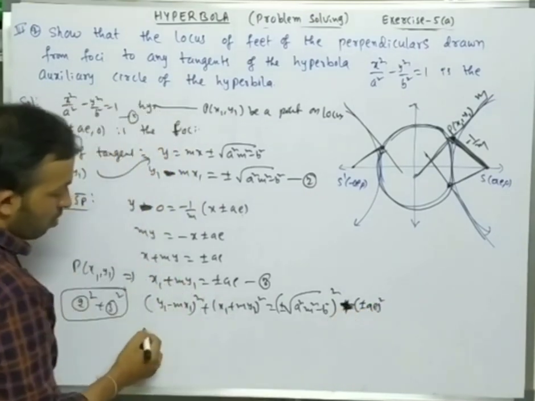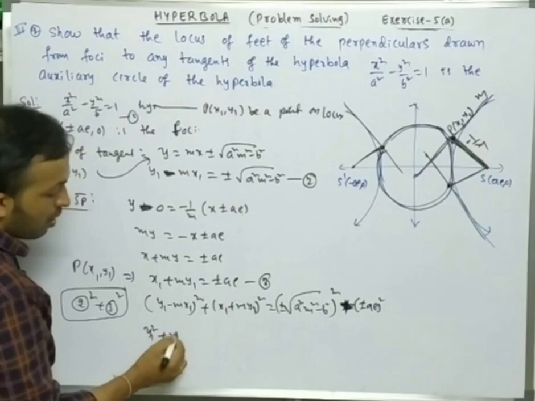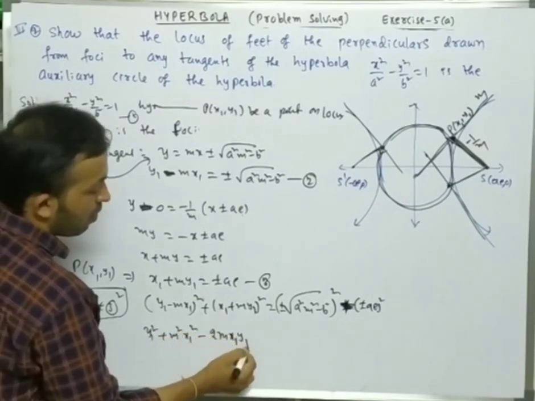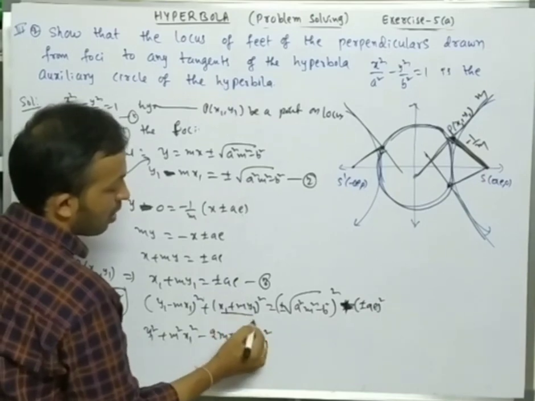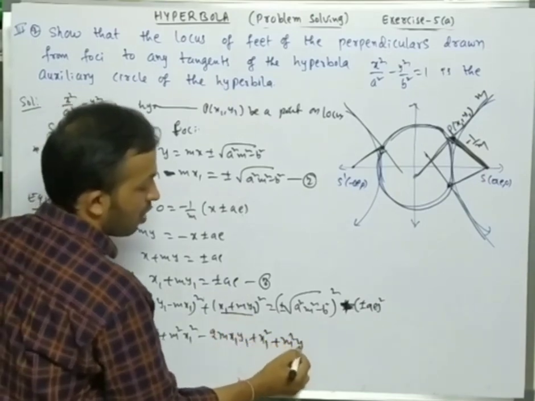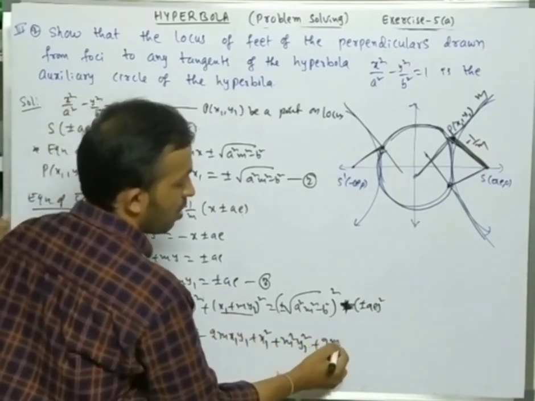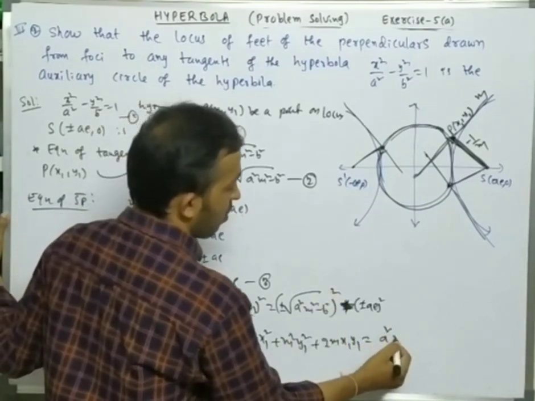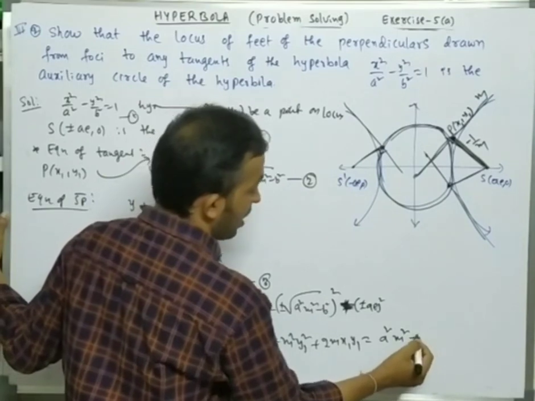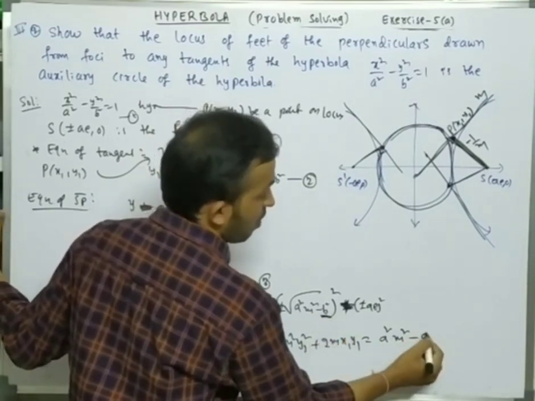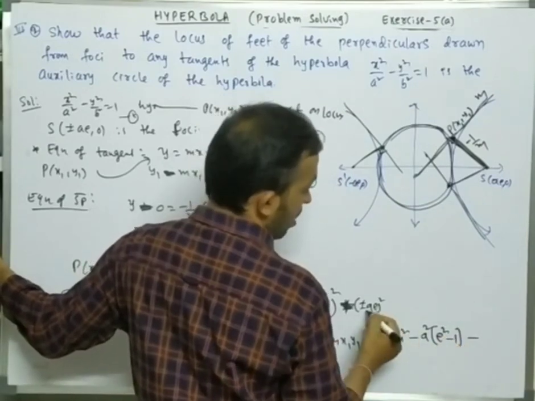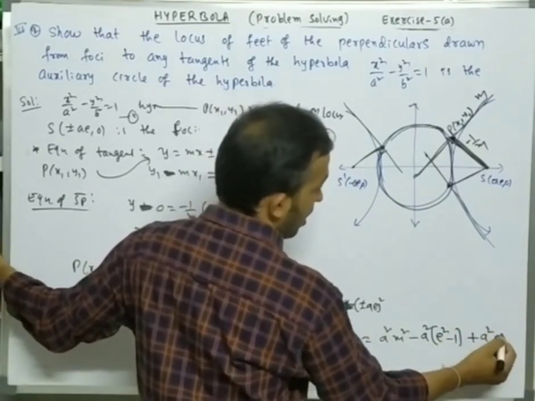Okay, now expand: y1 square plus m square x1 square minus 2m x1 y1, x1 square plus m square y1 square plus 2m x1 y1, the cross terms cancel, a square m square minus b square. What is the formula for b square? a square into e square minus 1. So plus or minus squared is just a square e square.